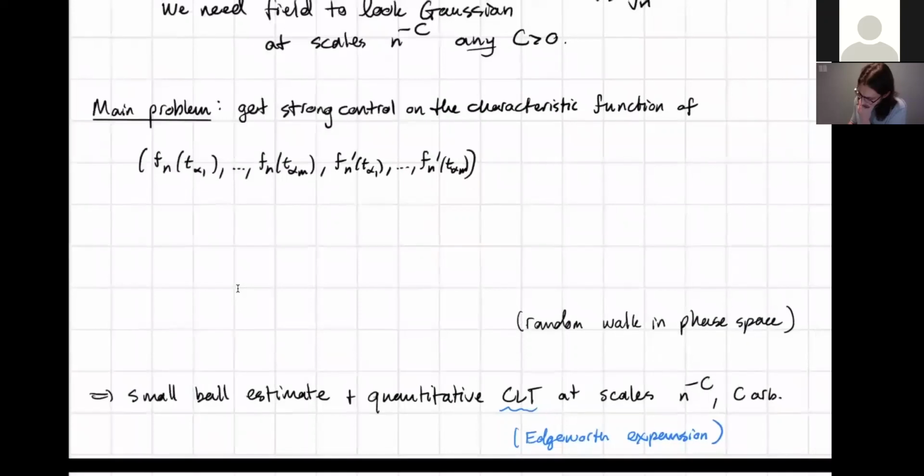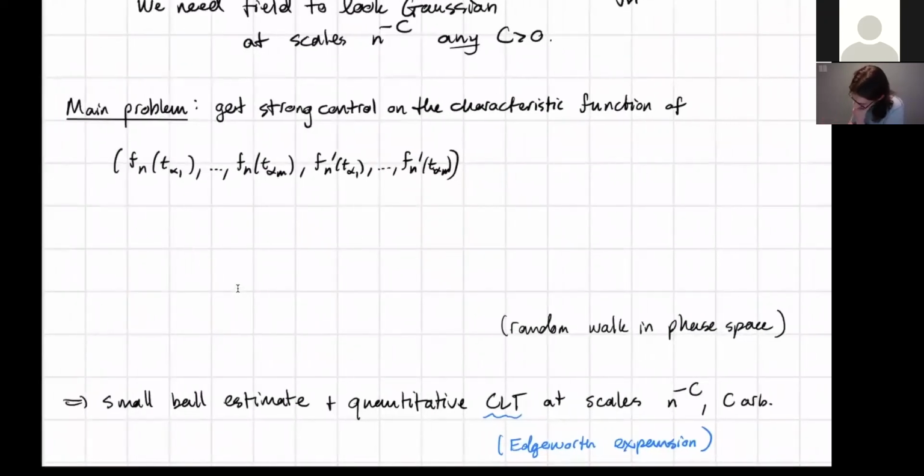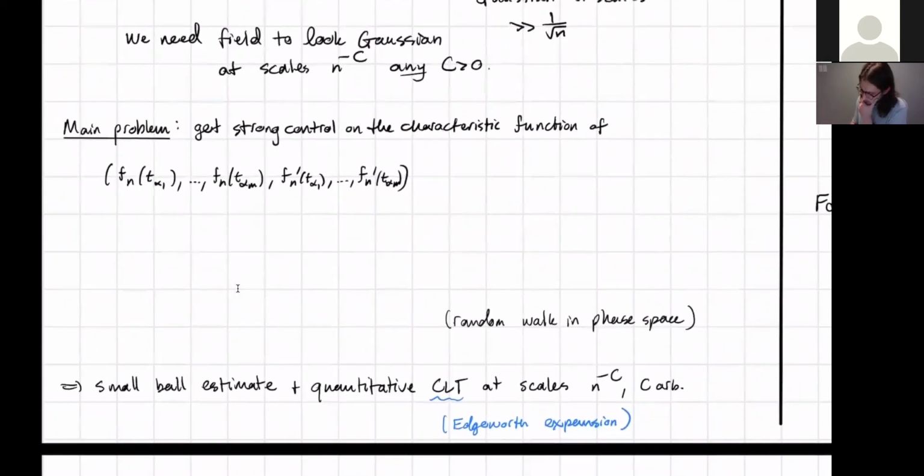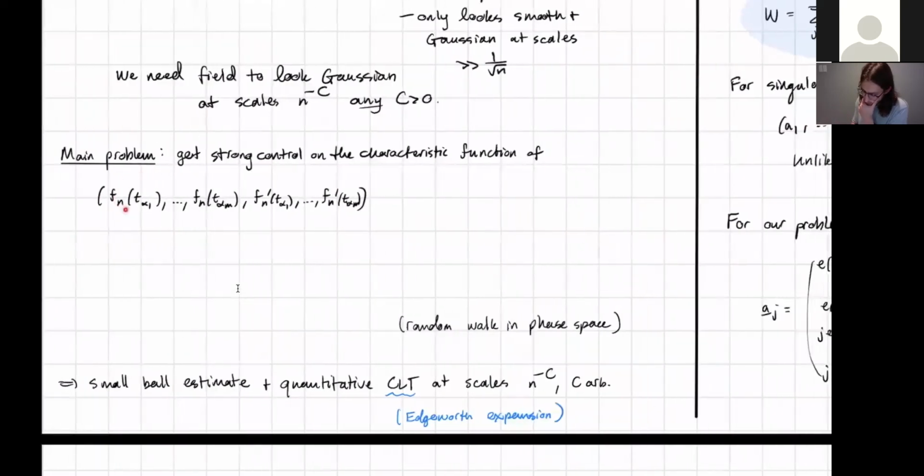Really, what it boils down to, to show a strong comparison with the Gaussian, is a strong central limit theorem. As you can imagine, one way to do this would be to get really strong decay on the characteristic function. Just recall that we reduced our criterion for this point being selected as a representative to be phrased entirely in terms of the polynomial and its derivatives at these points.